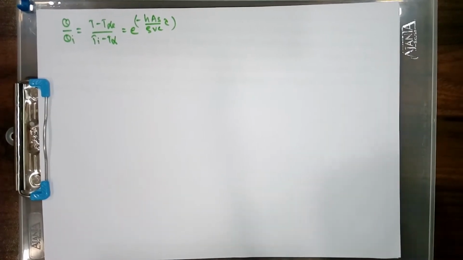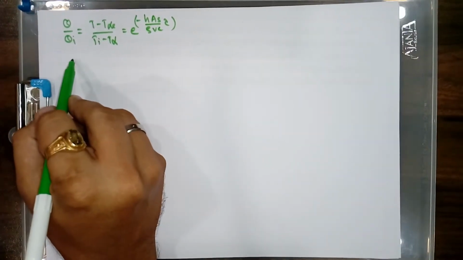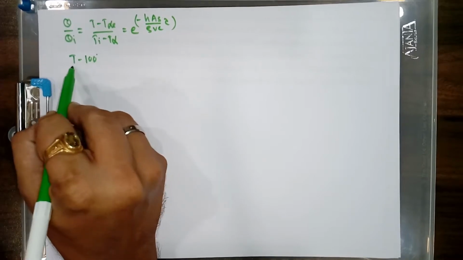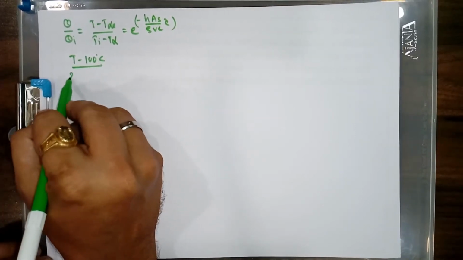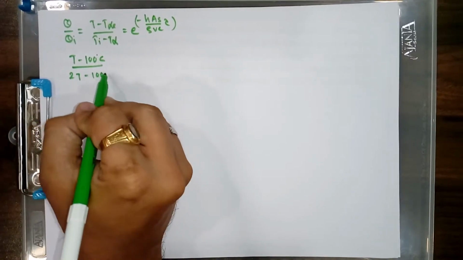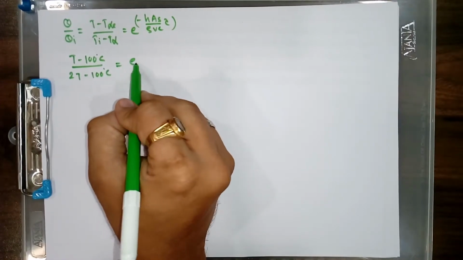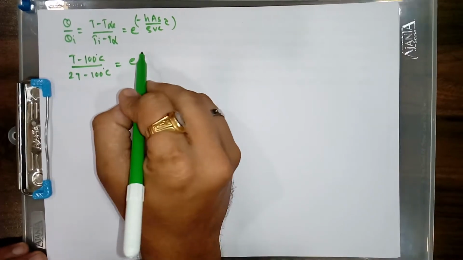We need to find out the T at 240 seconds. So let us put in the values: T minus the infinite temperature, 100 degrees centigrade, divided by the initial temperature, for this case 27 minus 100 degrees centigrade, equals exponential minus h.